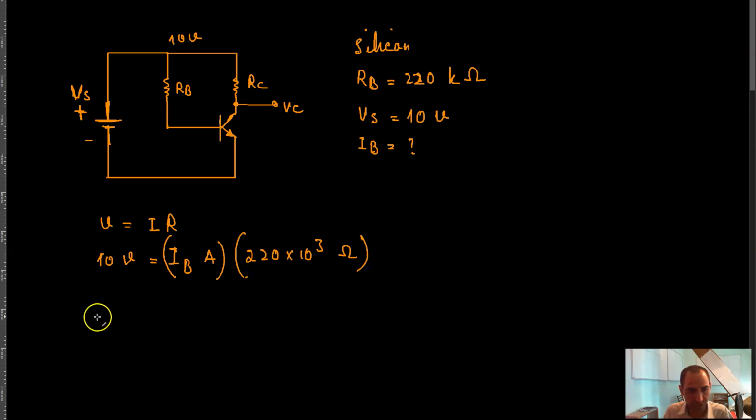And that means I of B in amps would be, now it's not really necessary to write amps here.